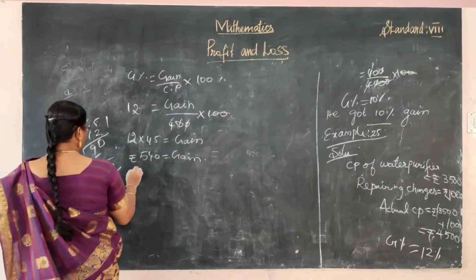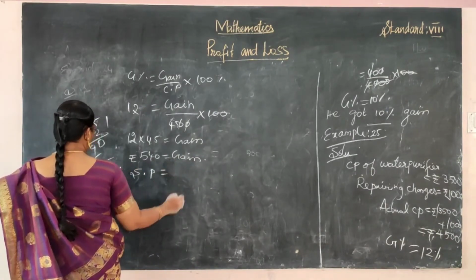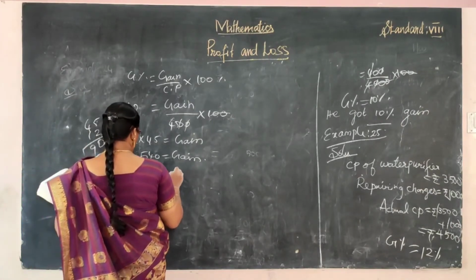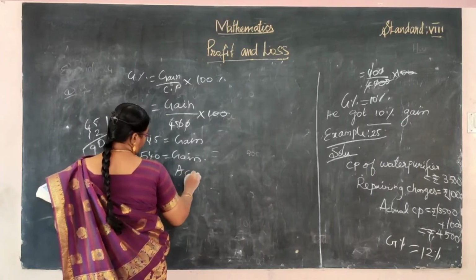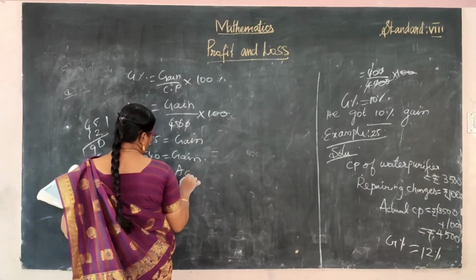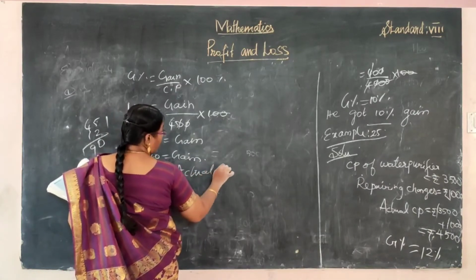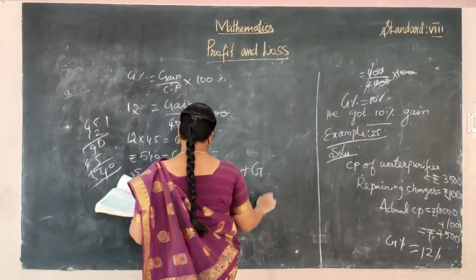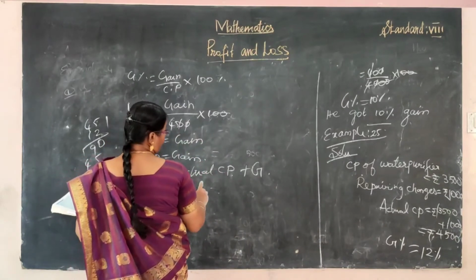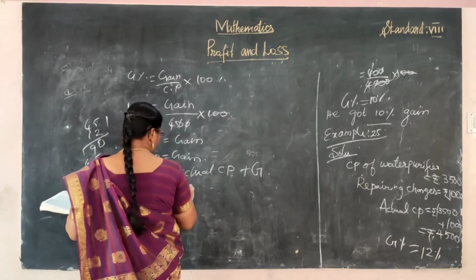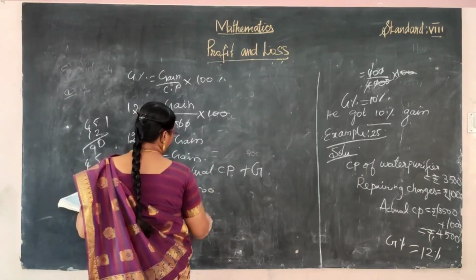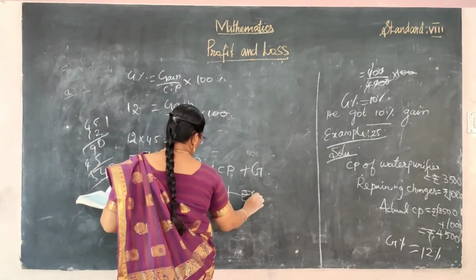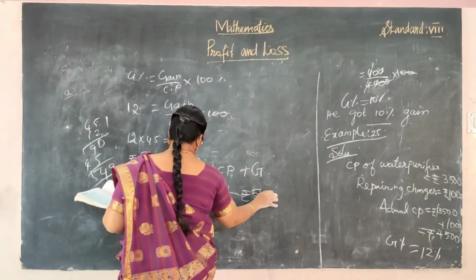Okay, so we have to find out the selling price. So selling price is equal to actual cost price plus gain. So what is the actual cost price? Rupees 4,500 plus gain value was rupees 540.